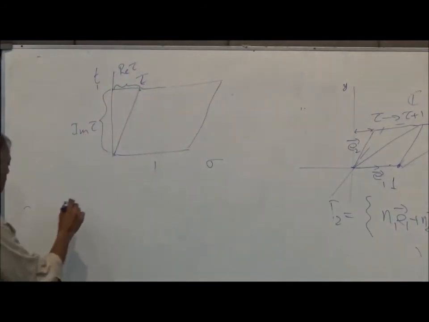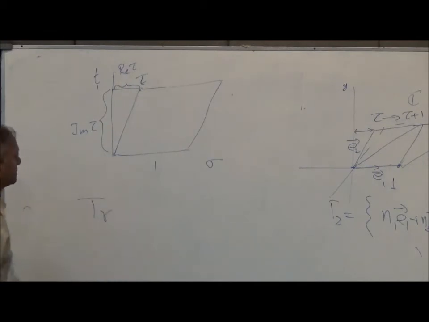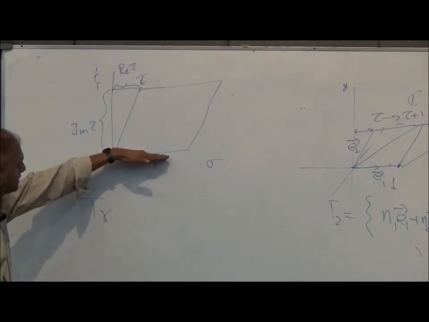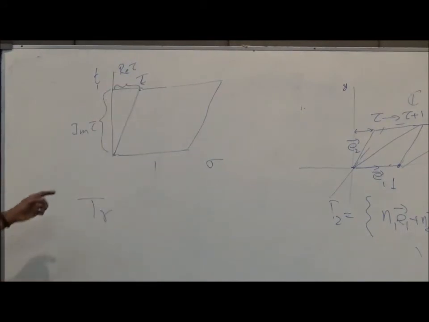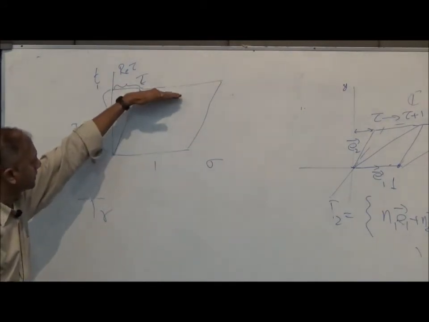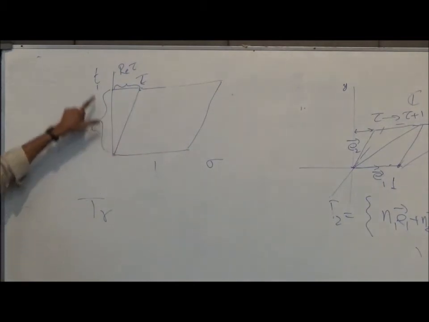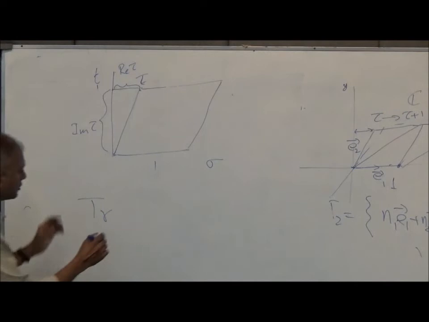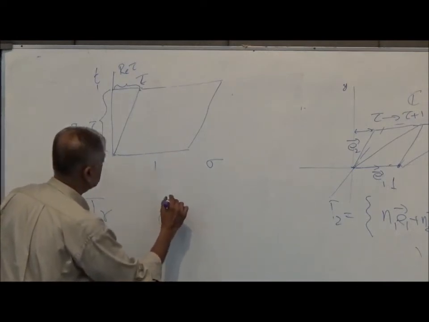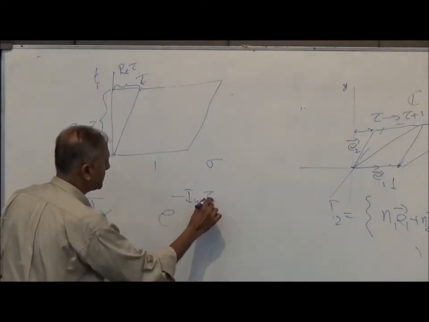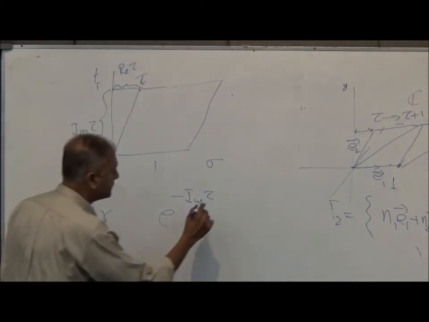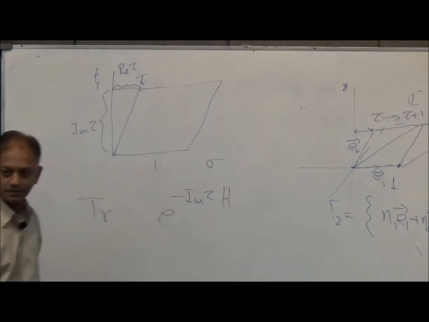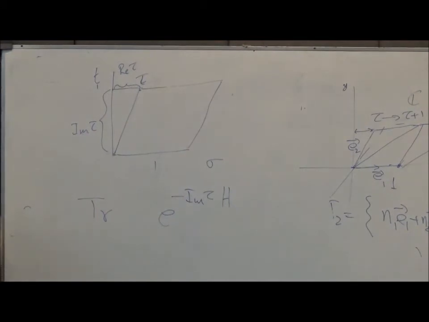Okay? So I want to take the trace over the complete Hilbert space of what? Going from here to here, what do I have to do? I have to evolve along the time direction by an amount im tau. So I have an operator e to the power of minus im tau, minus because I have again gone to the Euclidean, Wick rotated theory, times the Hamiltonian. Because the Hamiltonian is a generator of time translation.